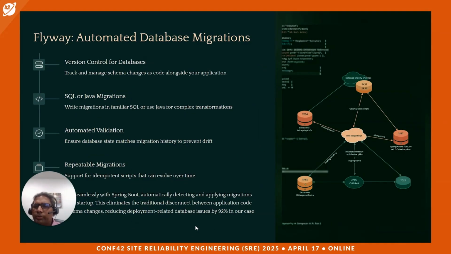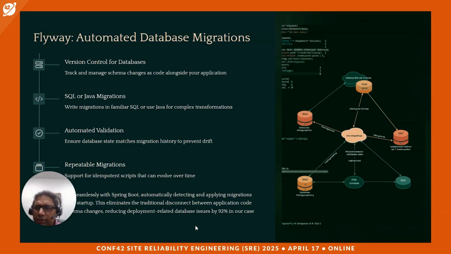So now, automated database migrations. Here we have version control for databases, where we can track and manage schema changes as code alongside your application. If you made any changes in the database, it will help you validate your database query or whatever it may be. And repeatable migrations: if you're writing many database scripts, it will help you with that.